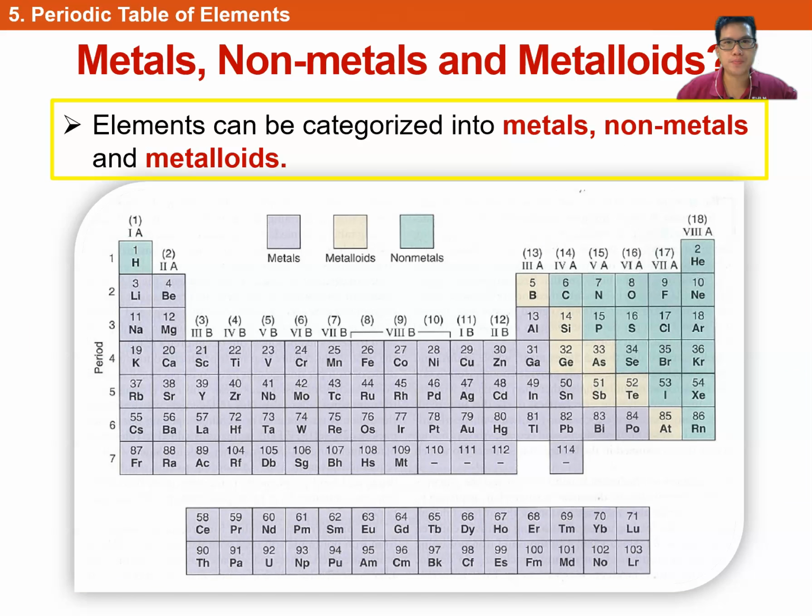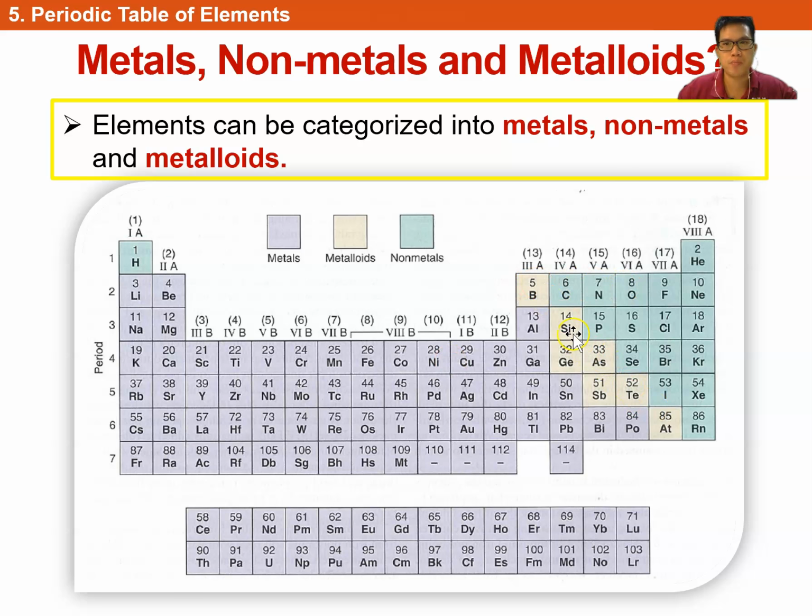For the periodic table elements, usually we categorize into these three: metal, non-metal, and metalloid. The one in this purple is all metal. Metalloid is here, and non-metal. A metalloid has a property that is somewhere bridging between a metal and non-metal.